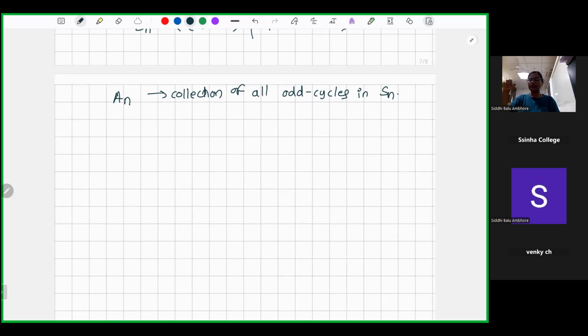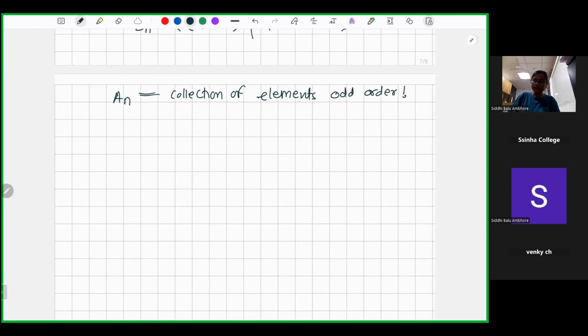When we say odd cycle, it means this. Or rather, the collection of elements of odd order.